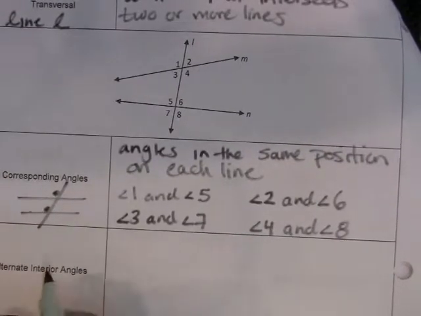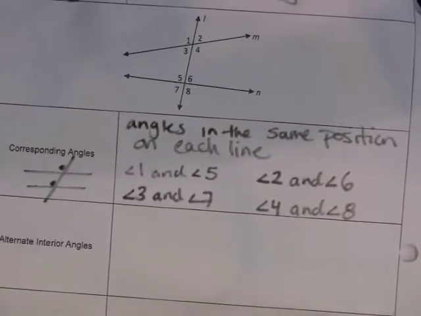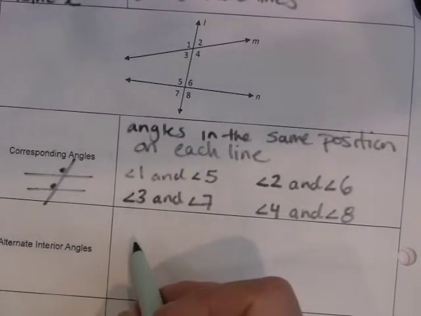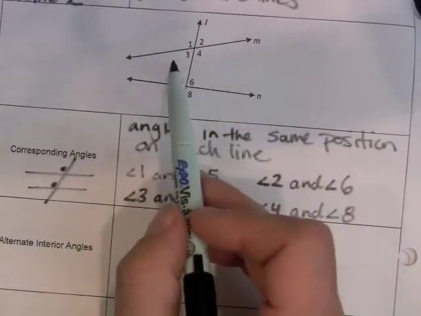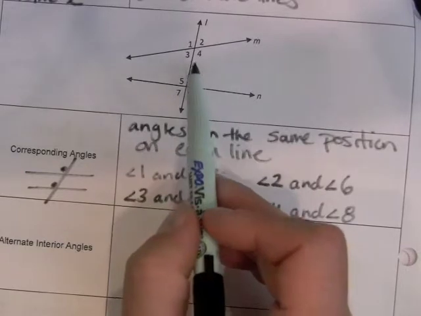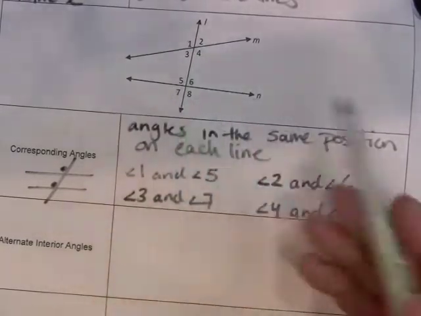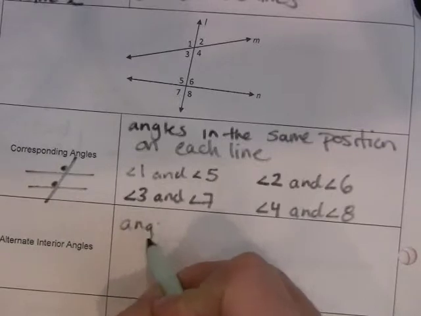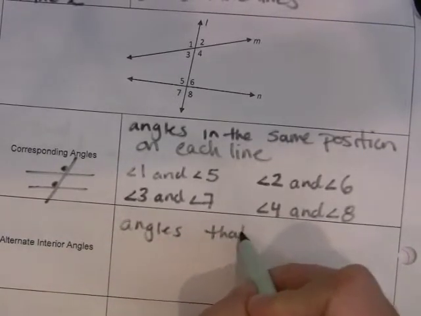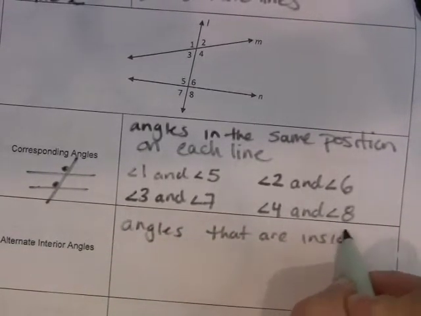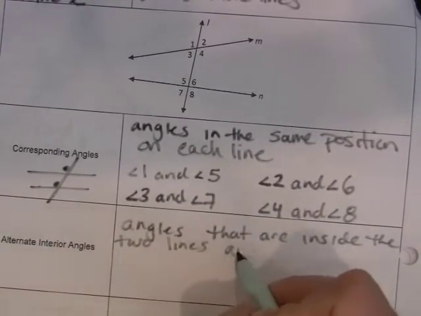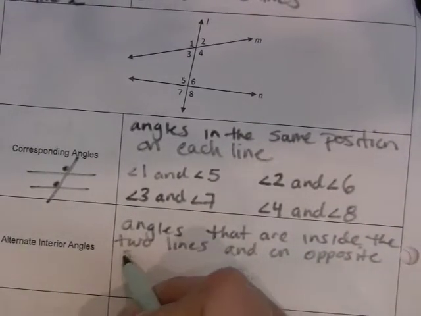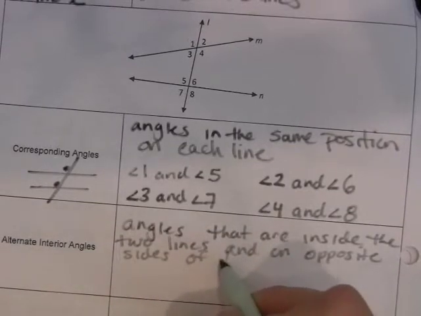Next we have alternate interior angles. Alternate interior angles are when you have angles that are inside the two lines. So here's your two lines. They're inside them and on opposite sides of the transversal. So angles that are inside the two lines and on opposite sides of the transversal.